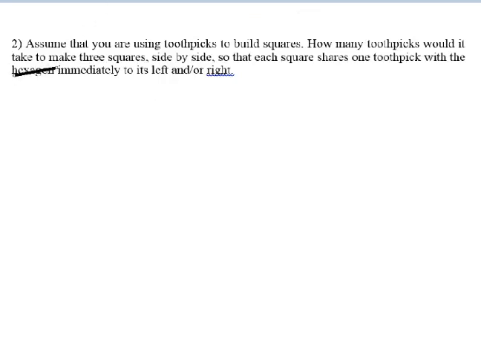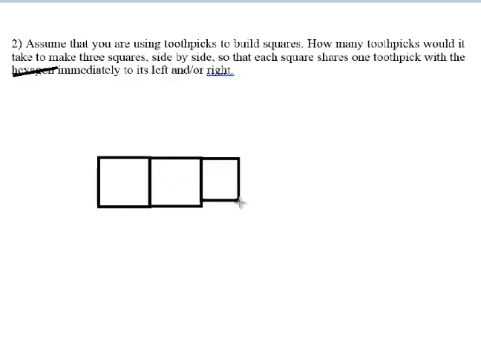Okay. Now, what you can do is just take out your pen and draw 3 squares side by side. Assume that each line segment is a toothpick. You can draw this freehand, relatively easily as well. If you have 3 squares side by side, and each side was a toothpick, how many sides are there essentially?